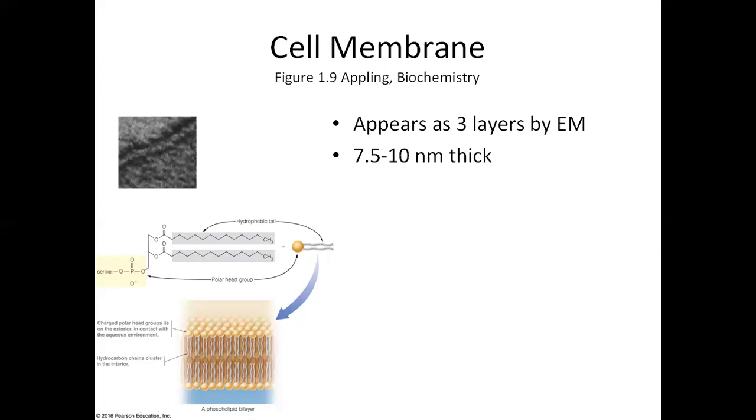I probably should say like 5 to 10, but the thickness varies in size because it is composed of fatty acids, and those fatty acids change during the course of a year. And we'll talk about that later in the course. The 3 layers, which is composed of the fatty acids, that's 5, 7.5, 10 nanometers thick, is shown schematically in figure 1.9 of your book at the bottom left of the slide.